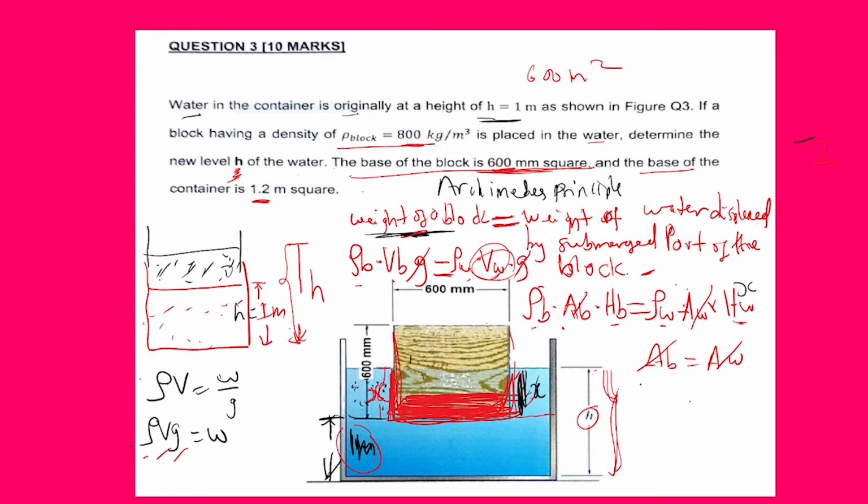So we take density of a block, my apology, times height of a block, and then divide by density of water, equal to the height of water displaced, which equals x. Plug in: density of block 800 times height of block 600, divided by density of water 1000.